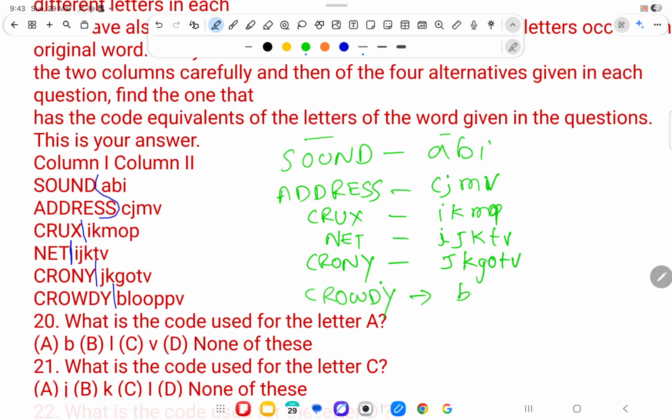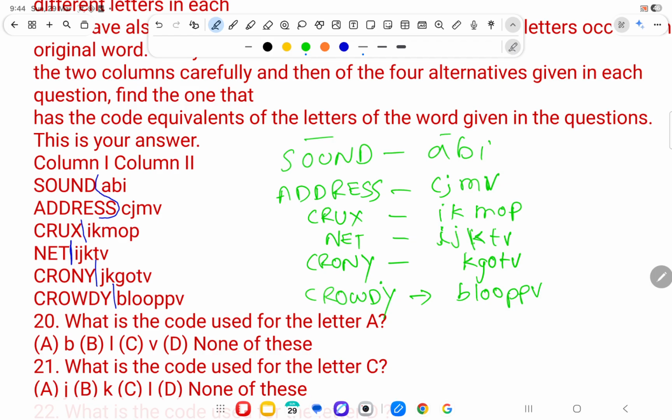Crowdy, BLOOPPV. It is MOP, IKMOP. So in this, all the letters are small, but I have taken J as capital.